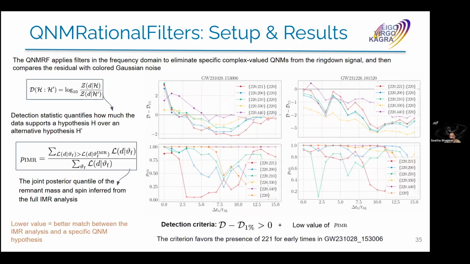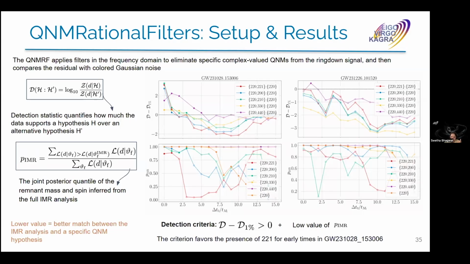Now, because the filter absorbs the mode amplitude analytically, the likelihood will always remain two-dimensional in remnant mass and remnant spin, regardless of how many modes are included. And this is one of the key advantages that this method has. The analysis uses a combination of two quantities to identify the presence of the secondary mode.